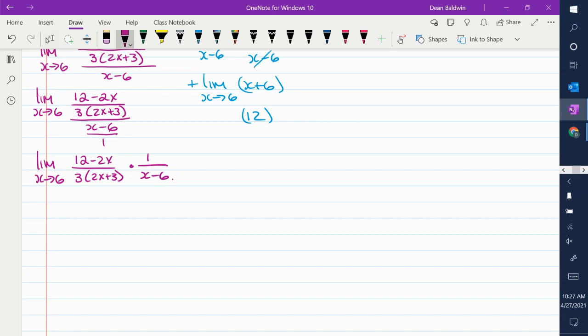So if you pull a negative 2 out of there, that flips the signs, and I get x minus 6. Then they go away.